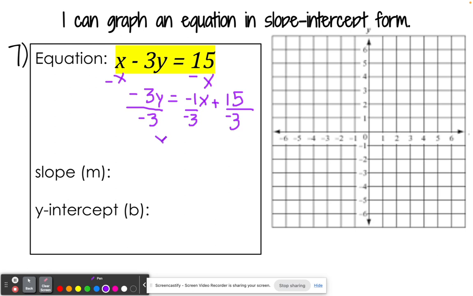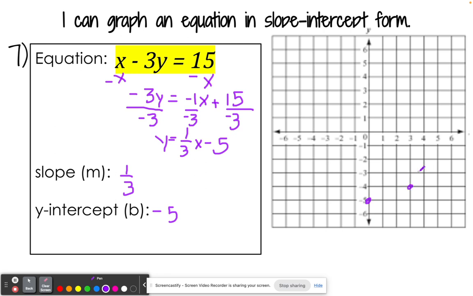And I get y equals a negative over a negative will make that a positive 1/3 x, and 15 divided by negative 3 will give me a negative 5. So my slope is a positive 1/3, and my y-intercept is negative 5. So I'll start at my negative 5, put a dot there, rise 1, run 1, 2, 3.